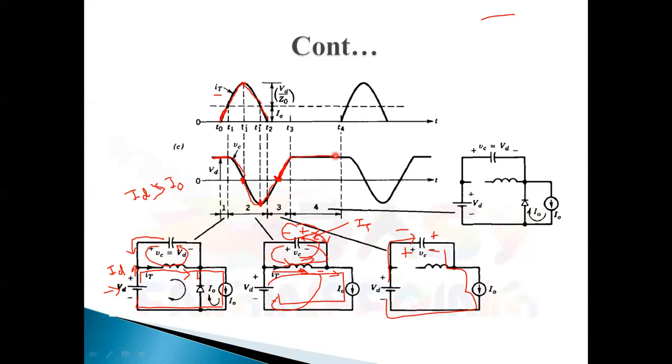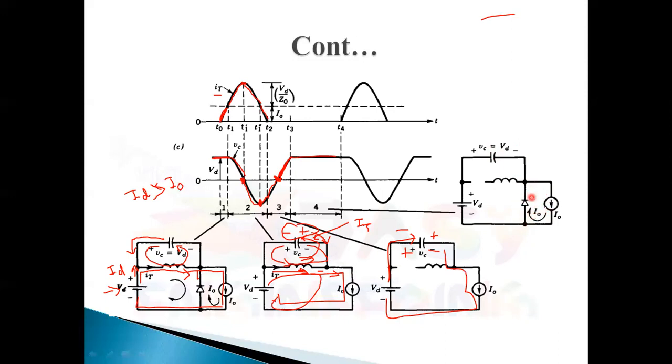In the fourth mode, what will happen? The voltage across the capacitor is positive VC, and the current is flowing only in this direction, in this loop.